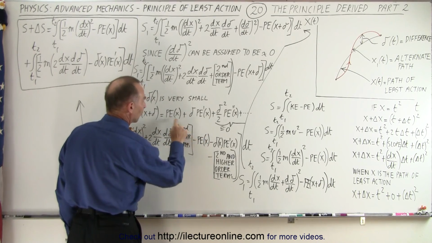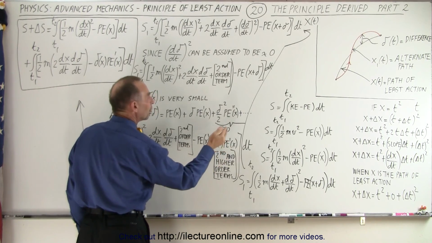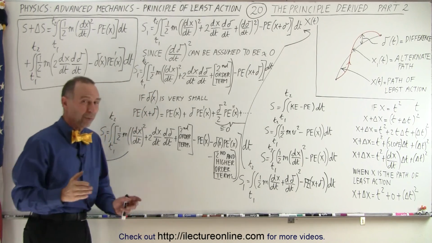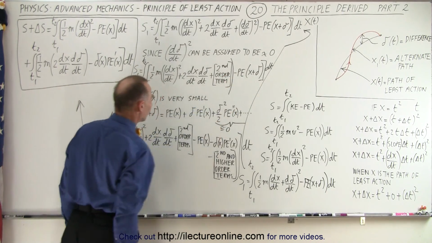The potential energy is a function of x, and the derivative of the potential energy times delta is the second term. Of course, we have to subtract both of those because we're subtracting the potential energy.